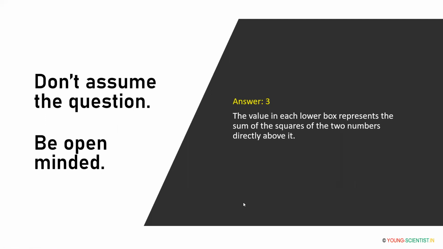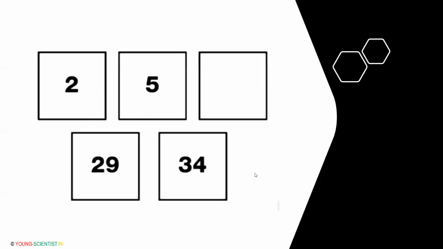One problem that you can face is assuming that what we see here is a sequence of numbers, that it's 2, 5, some missing number followed by 29 and 34. But there is a reason that they have been put in squares and arranged in this way. We should never be narrow-minded.